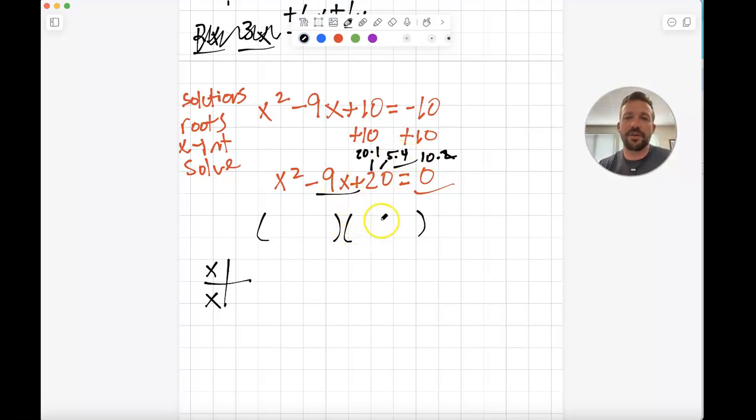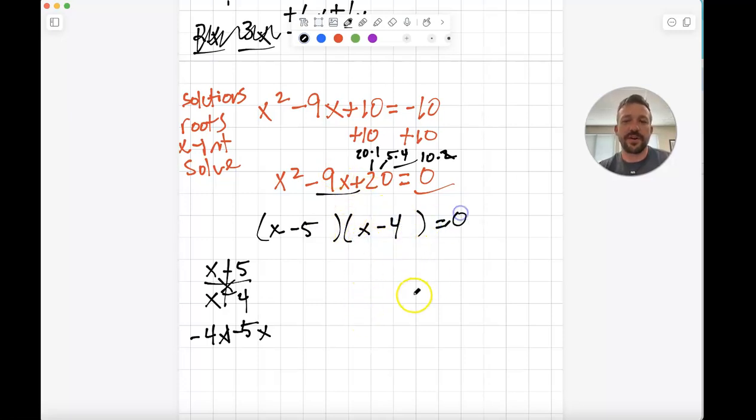So the 5 and the 4 are the only ones that can do that. So 5 and 4, let's cross multiply and see what it comes out to be. 4x and 5x. And if both of them are negative, we can make it negative 9x. So what we're going to have is x minus 5, x minus 4. Okay, and then it's equal to 0.